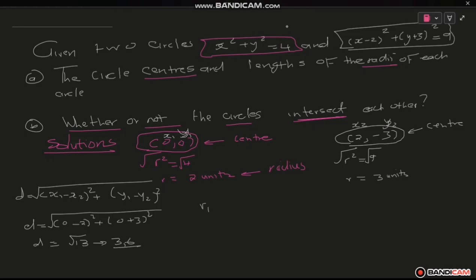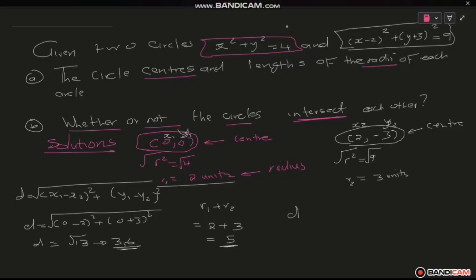Therefore, we need the distance and the radii. We can add the radii of the 2 circles, 2 units and 3 units. So 2 plus 3, we're going to have 5 units. You need to compare the distance with the sum of the 2 radii.